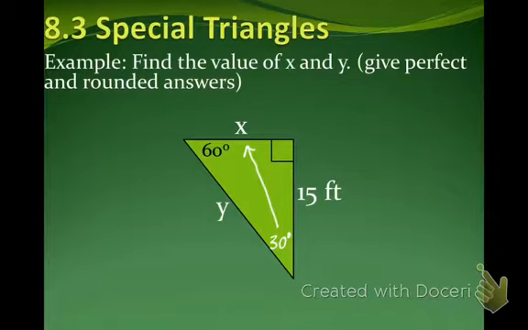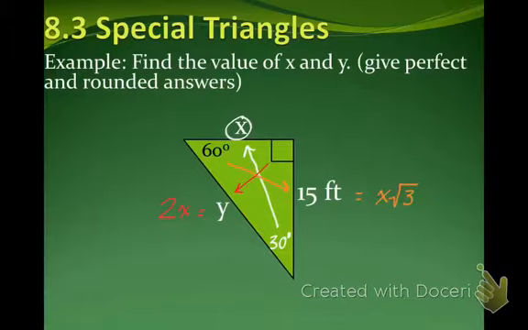All right, so I'm going to call that X. We know that the side across from our 60 degree angle is always equal to S, or we're using X for this, times the square root of 3. And finally, we always know that the side across from our right angle, or our hypotenuse, is equal to double that leg, or 2x.